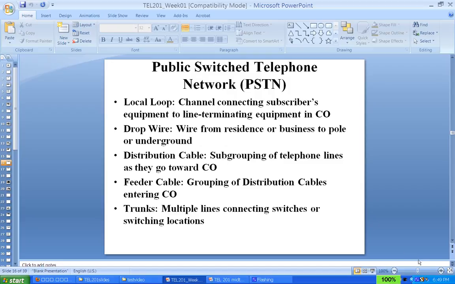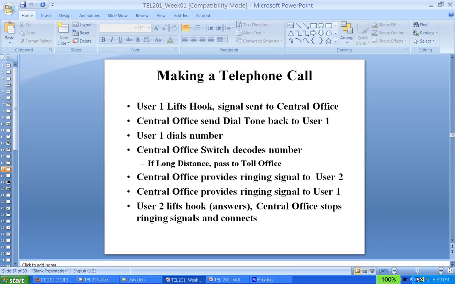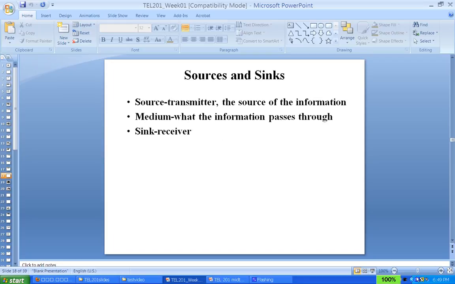And we need to be aware of the basic elements in the PSTN network. For example, what is the local loop, what is the drop line, and the trunks, etc. And we need to be aware of what would be the chain of events when we try to make a phone call.